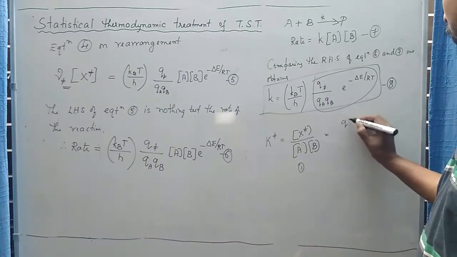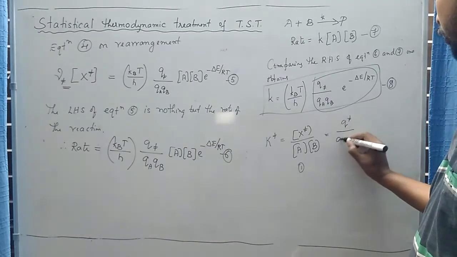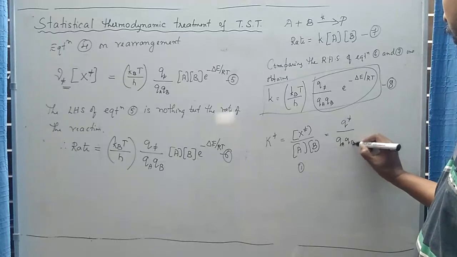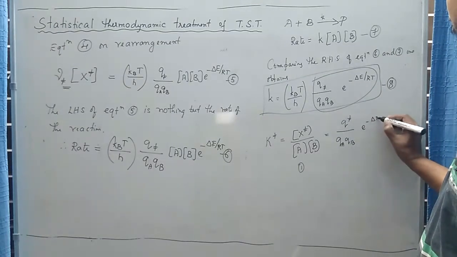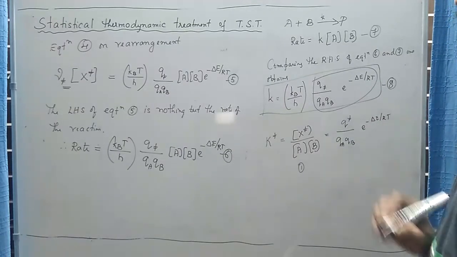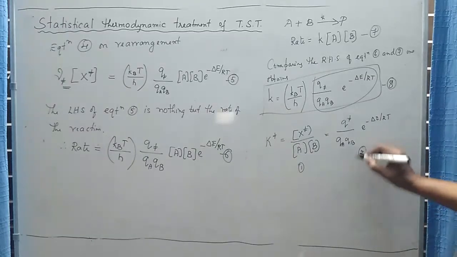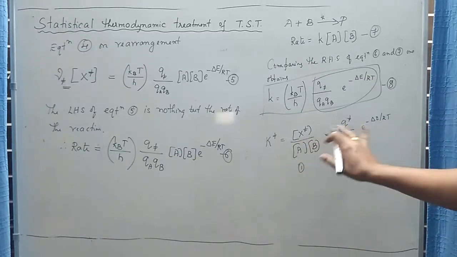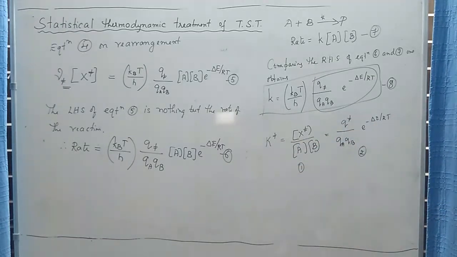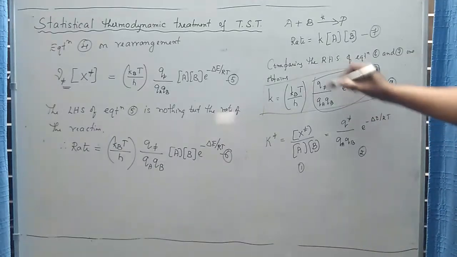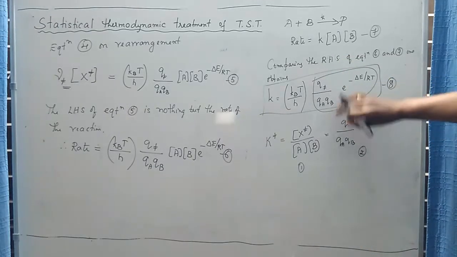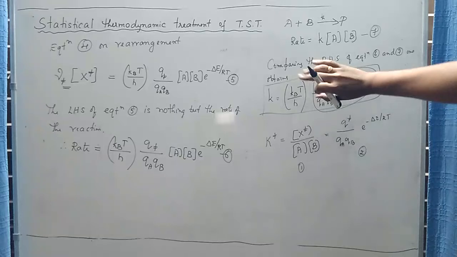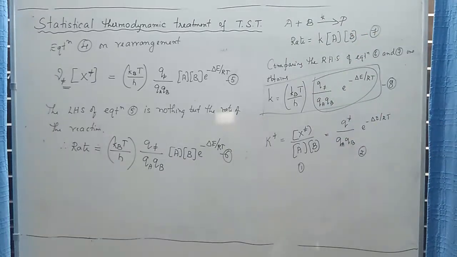So this is Q dagger divided by Qa into Qb into e power minus delta E by RT. So equation 1 or 2 is the expression for equilibrium constant. You can note down there is a difference in the symbol. This is the total partition function, this is the total partition function excluding the partition function of loose vibration.